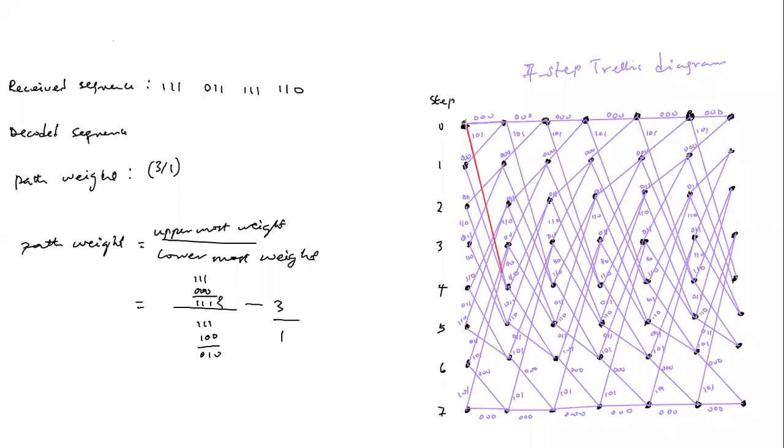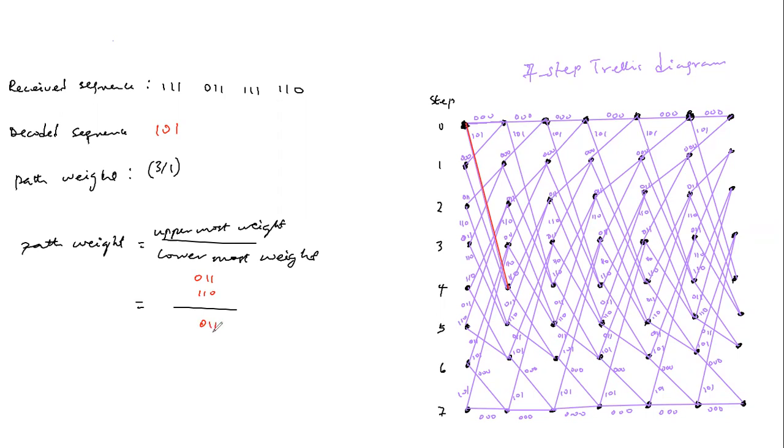So we're going to go down. And then the decoded code word there is 1 0 1. And in the case of the 0 1 1, the weight will now be 0 1 1 received compared with the decoded 1 1 0, and then we have 0 1 1.